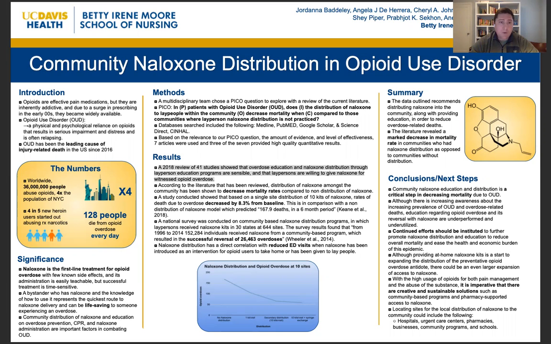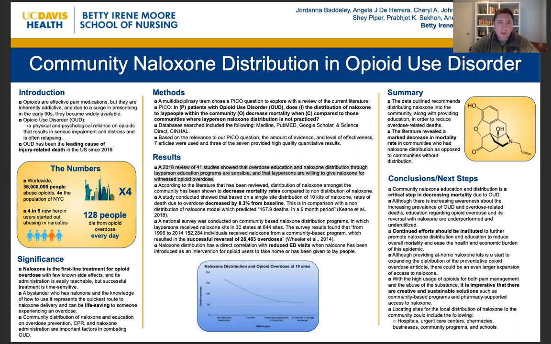It has few known adverse effects, has no potential for abuse, and is available at a reasonably low cost. The administration of naloxone is widely regarded as easily teachable. It involves either an IM or intranasal spray, but its administration and subsequent opioid reversal effects are time sensitive.